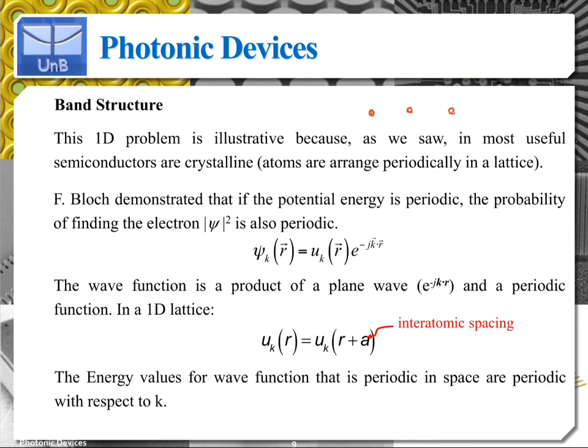Okay, and if the potential energy function is periodic with the same periodicity as the lattice, we can use the following theorem postulated by Felix Bloch. He demonstrated that if the potential energy is periodic, the probability of finding the electron, the absolute value squared of psi, is also periodic.